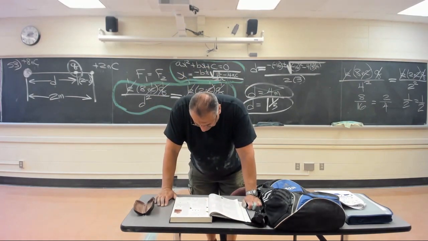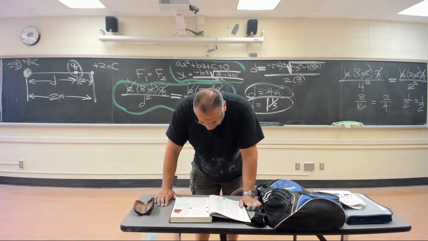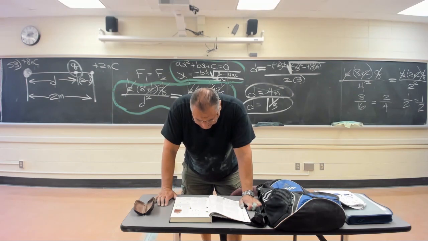For 55, they say a few very interesting things, so let's look at it. For number 55, 3 small metallic spheres with identical mass m and identical charge plus q are suspended by light strings from the same point.